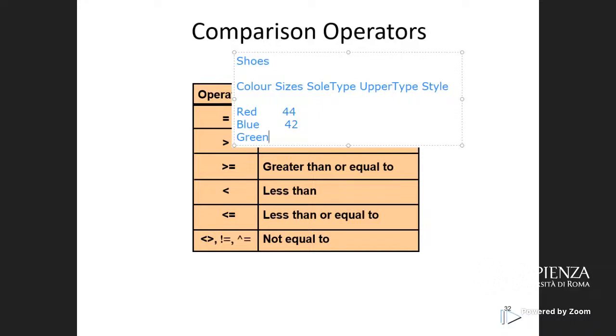And then let's say this is 41. For the sole type, I'm trying to adjust this so that we all are on the same page. For the sole type, we can say these are flats. These are heels. And then these are heels, flats, heels. I think the other one is block. Ladies, am I correct?